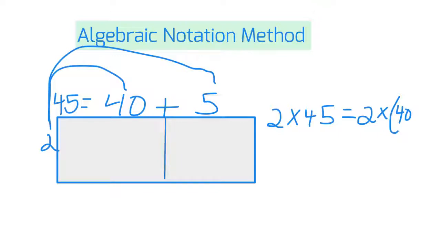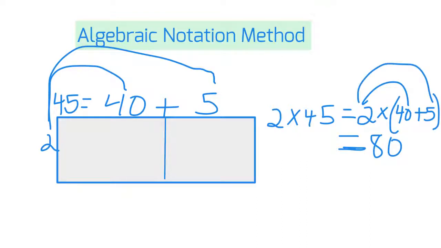So I know that 45 is the same as 40 plus 5, times 2. In this case, I will work to the right of my equation, and I know that 2 times 40 equals 80, and 2 times 5 equals 10. So it's 80 plus 10, which equals 90.